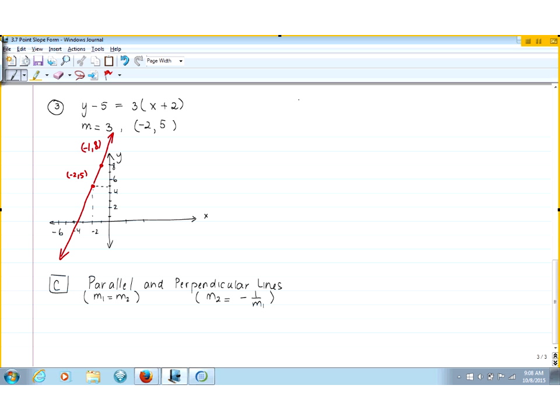So, for example, write the slope-intercept equation. So we're talking about slope-intercept equation. Okay. Number 1.